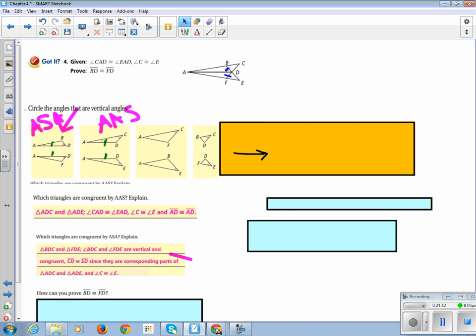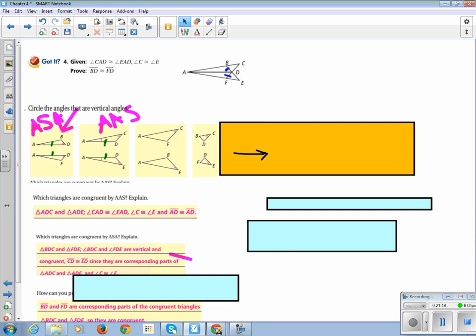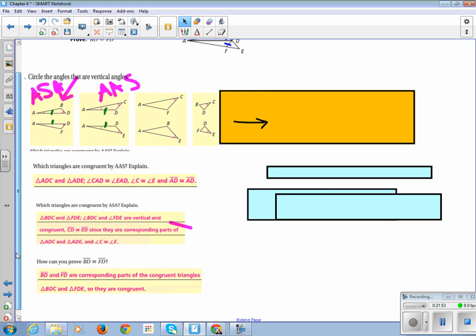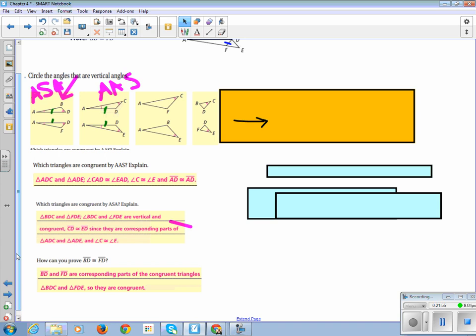So you take a look at this little guy here, and pull information based on our corresponding parts of congruent triangles.